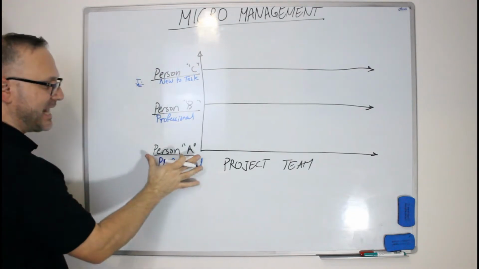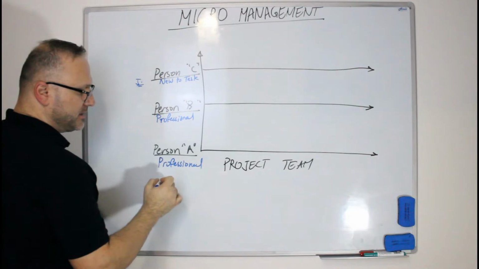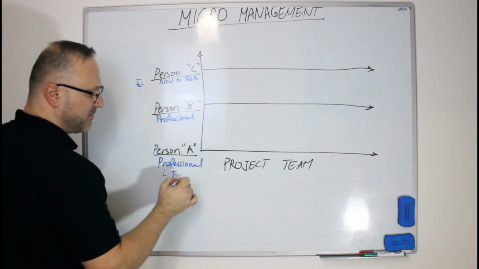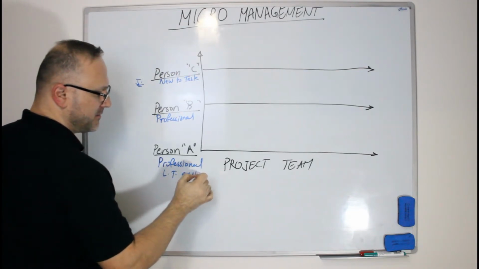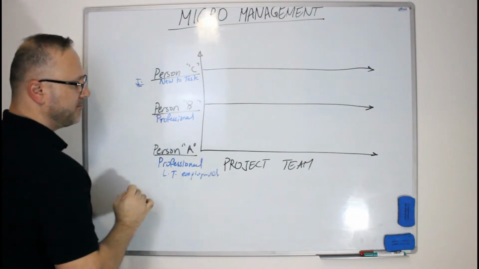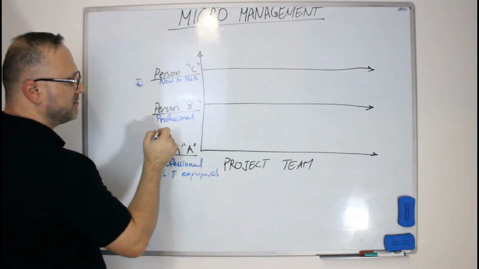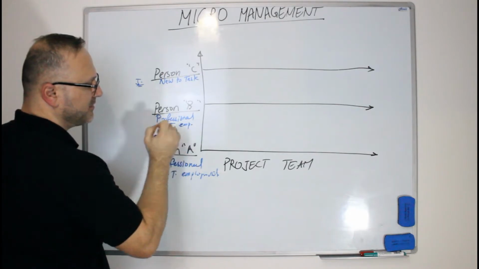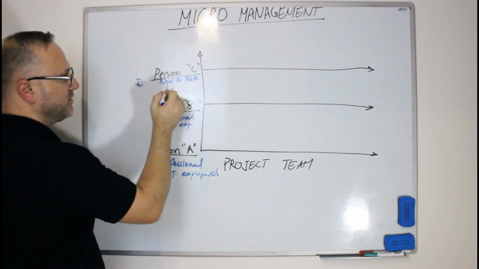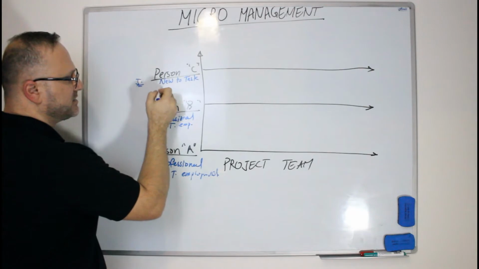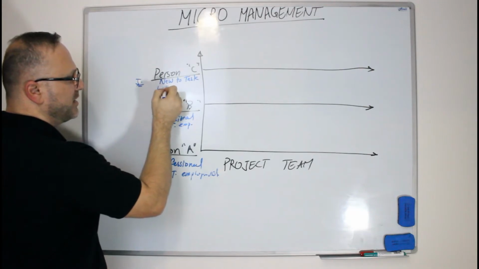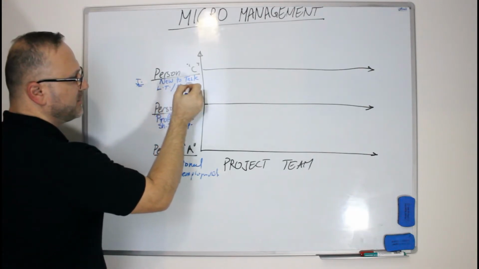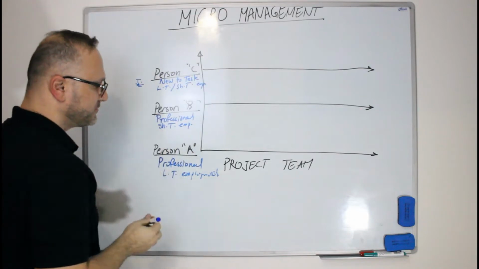Meanwhile, person A is long-time employed. Person B is short-time employed. And person C is long-time or short-time employed.